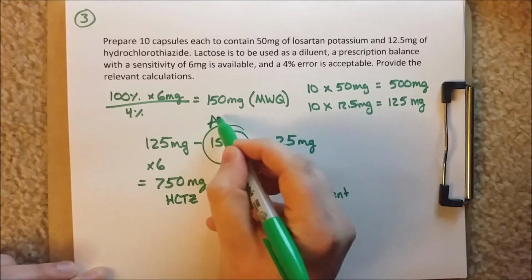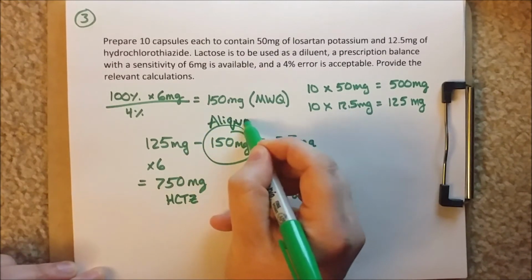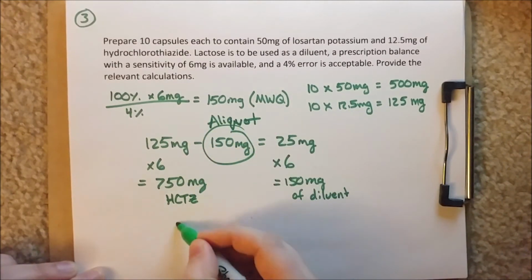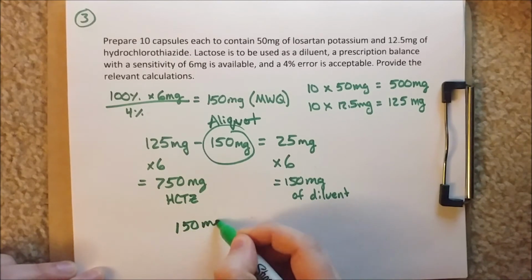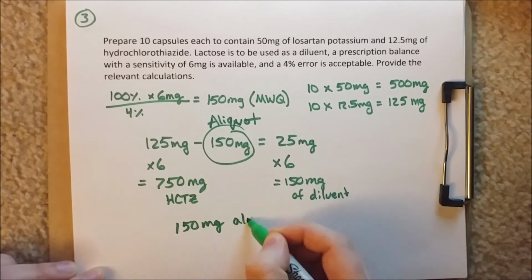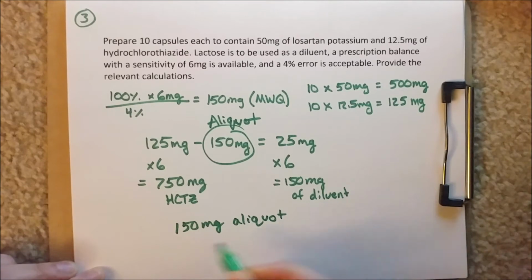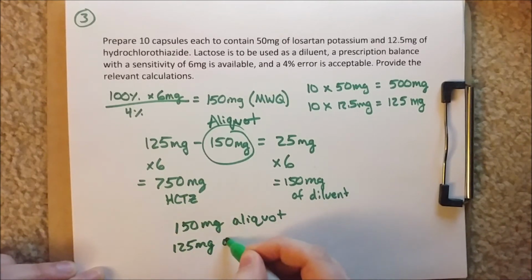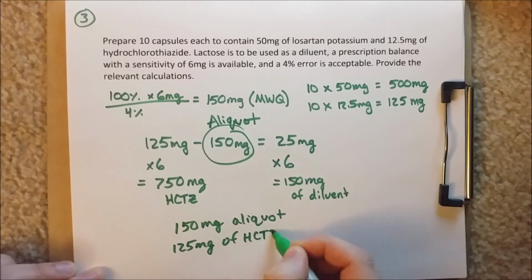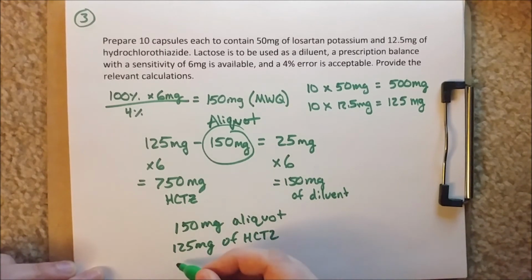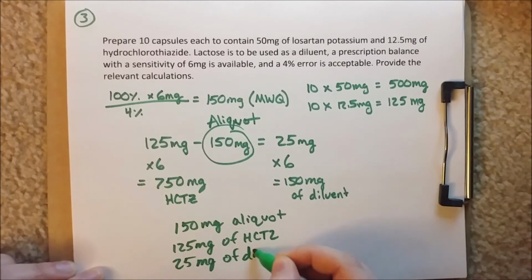Remember, this is our aliquot. So every 150 milligrams of aliquot will yield 125 milligrams of hydrochlorothiazide and 25 milligrams of diluent.